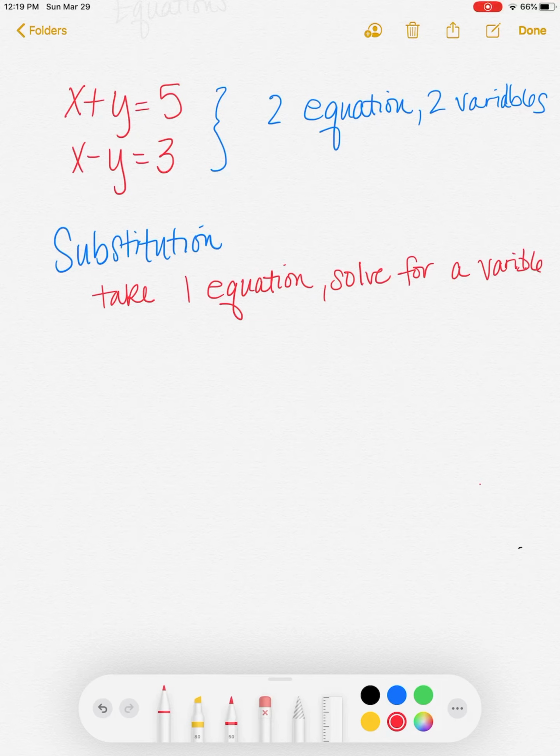Does not matter which one you choose. The more you do, the more you'll realize which one will make your process the easiest. So take one equation, solve for a variable, plug into the other equation.